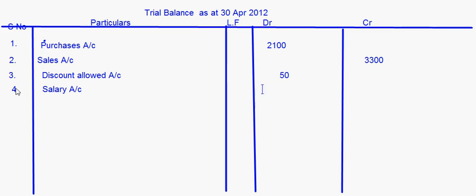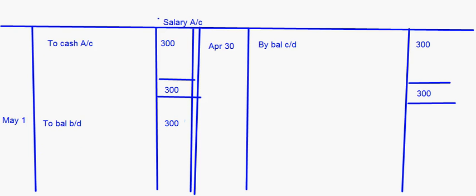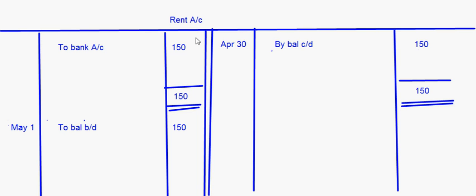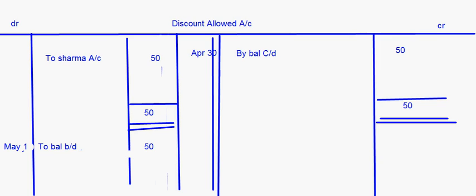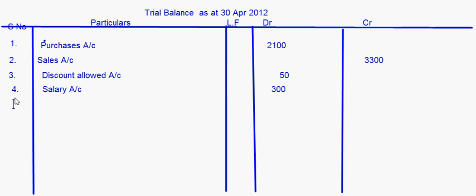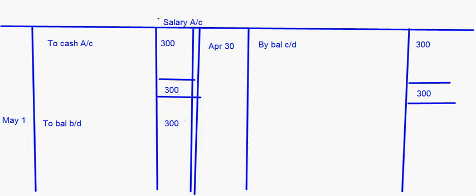So on the debit side it will come 300. Fine, this is done. Rent account again has a debit balance of 150 rupees, right? So here write the 5th one, that is the rent account, a debit balance of 150, right? Okay, now rent is done.